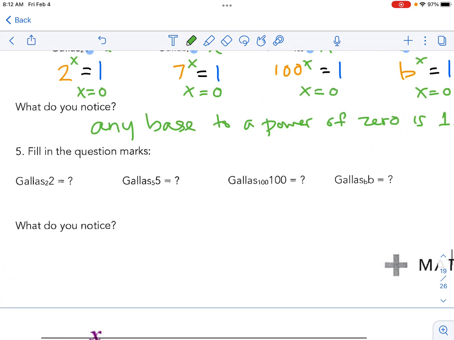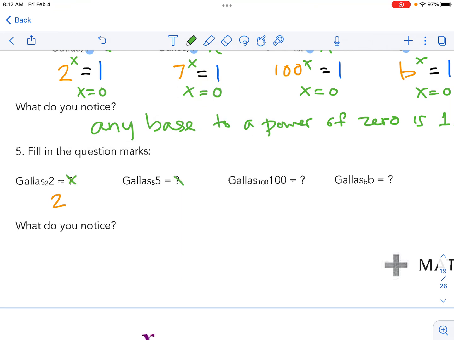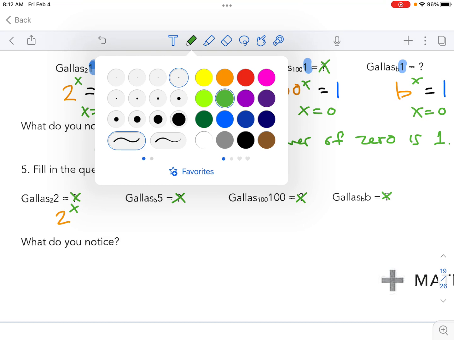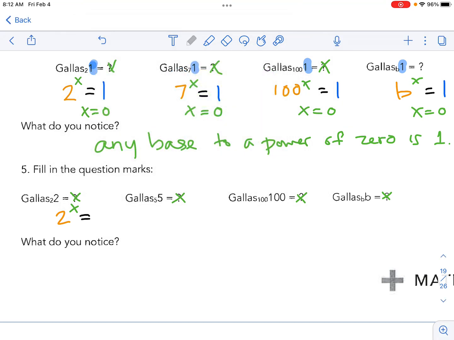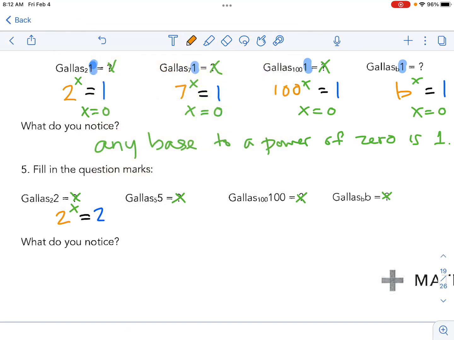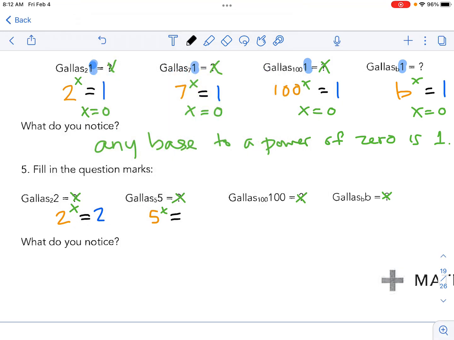Okay, so let's take a look at another pattern. Now we're looking at the base 2 being raised to a power. So these are all being raised to a power here. It's the same type of question. We're being asked to find the power. So we have 2 to a power, and now it equals itself. So 2 to what power equals 2? And the next one is 5 to what power equals 5?